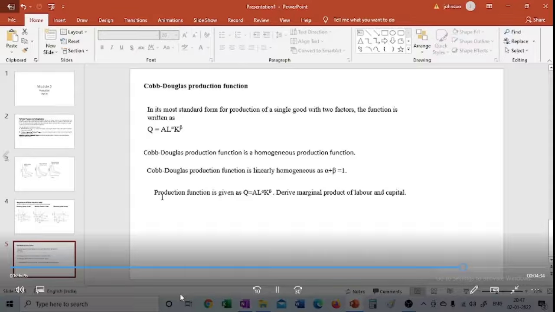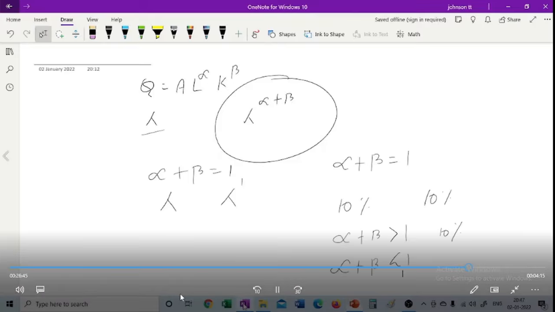Suppose a question is asked like: the Cobb-Douglas production function is given as Q equals A into L raised to alpha K raised to beta. Derive the marginal product of labor and capital. How can we derive the marginal product of labor and the marginal product of capital?